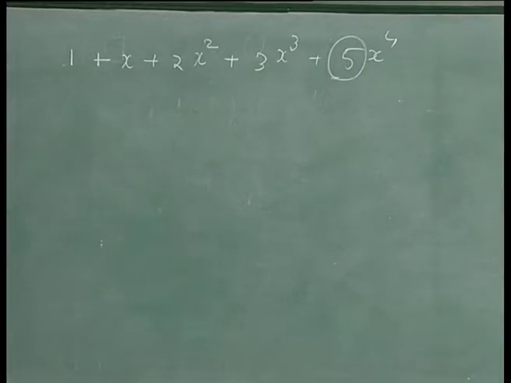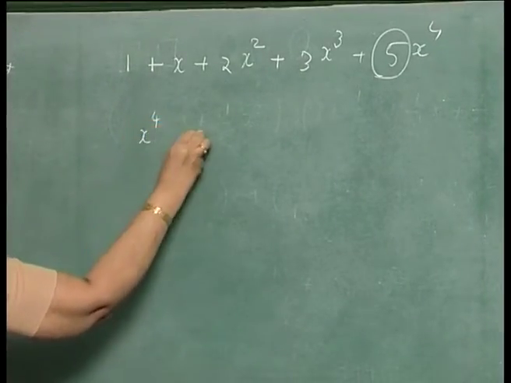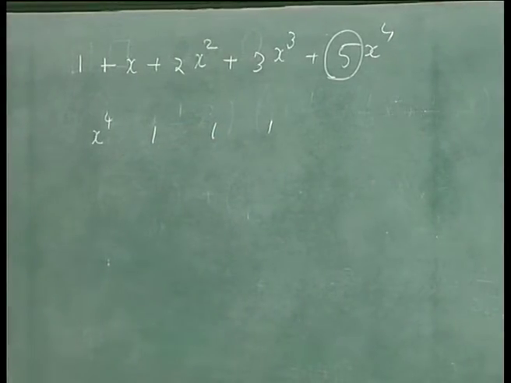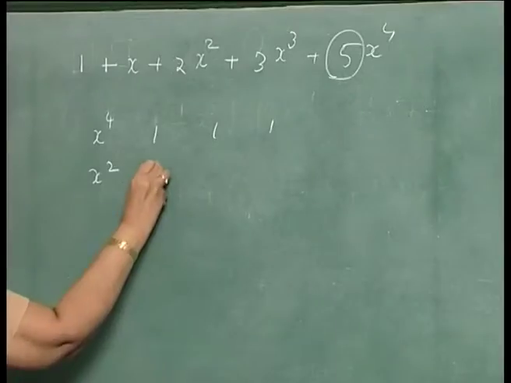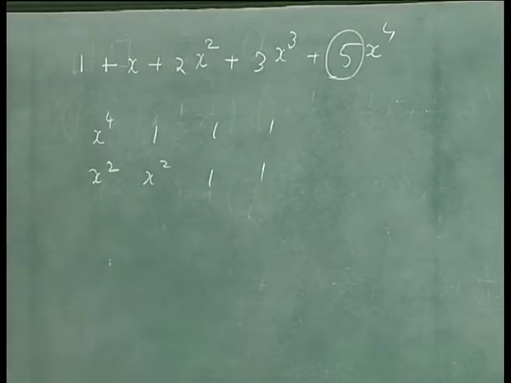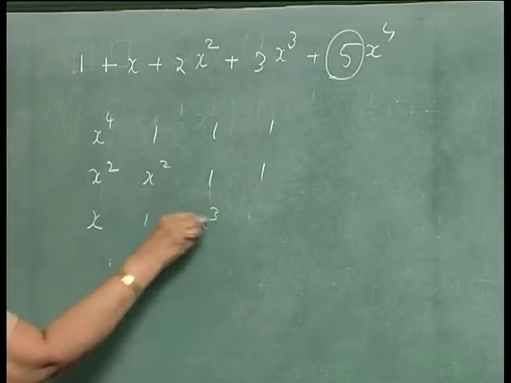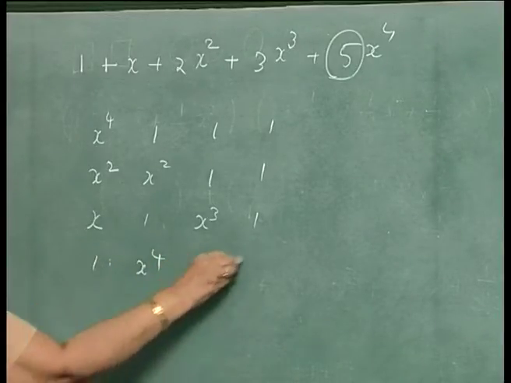This we have seen. How do we get this? See, the 4 expressions are there. So, from the first you choose x power 4, and the second one you take the constant term, or you take x squared from the first one, and x squared from here and constant term from here, or you take x from here and x cubed from here and constant term here, or you take x power 4 here and 1 from the other.